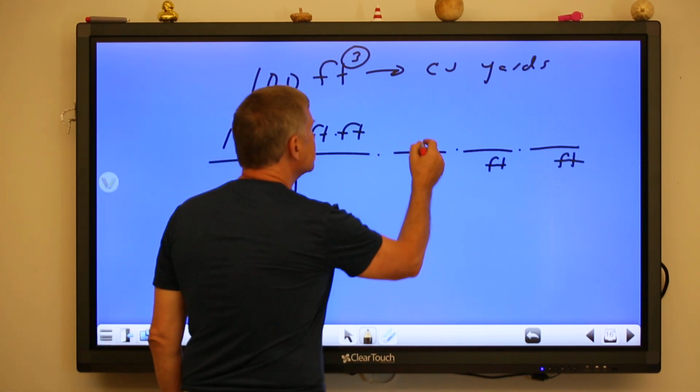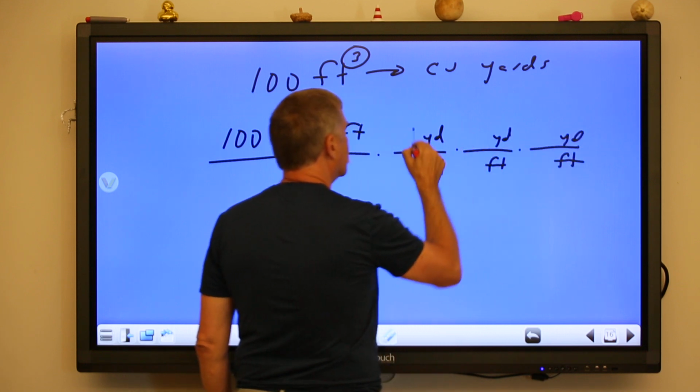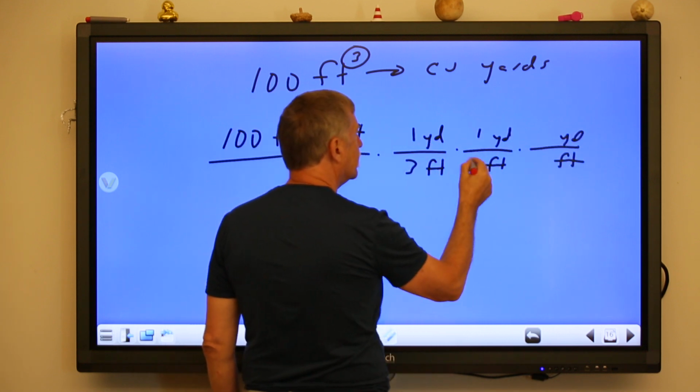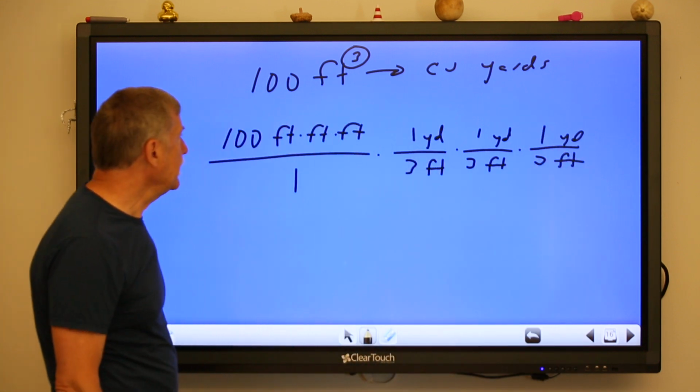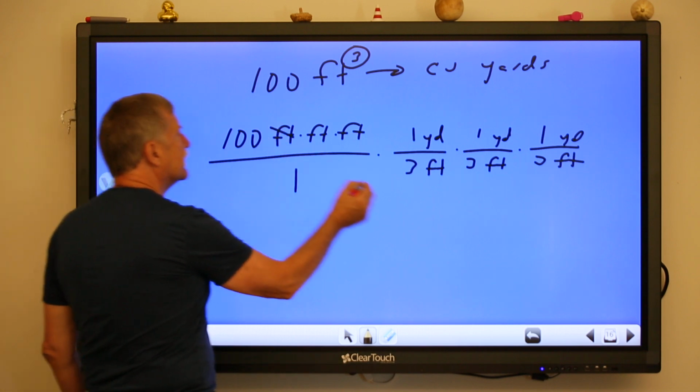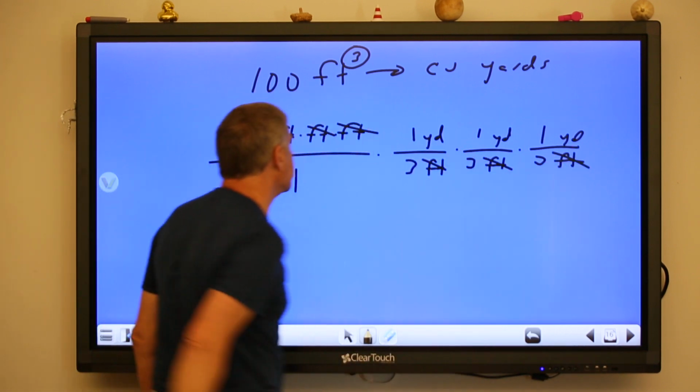And I want yards, so I know the relationship between feet and yards, all right? 1 yard, 3 feet, 1 yard, 3 feet, 1 yard, 3 feet. So the feet cancels out the feet nicely. We don't want feet, we're left with yards.